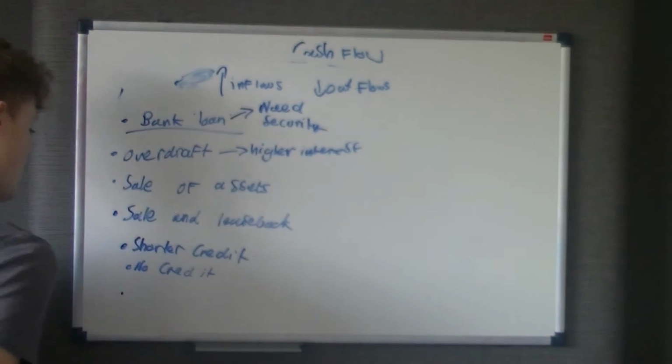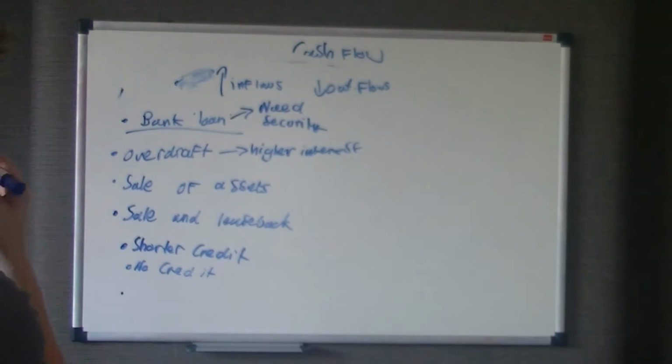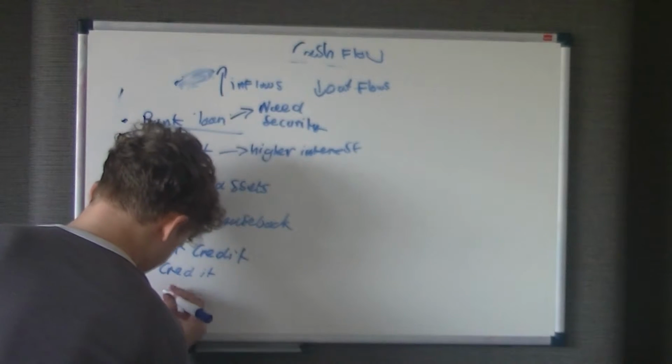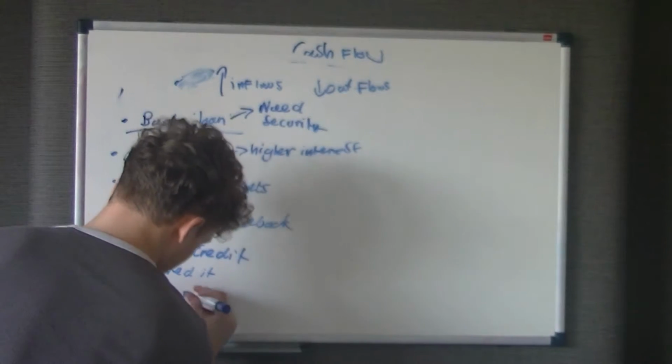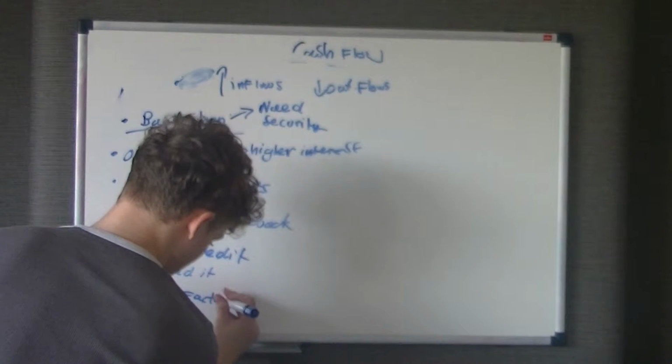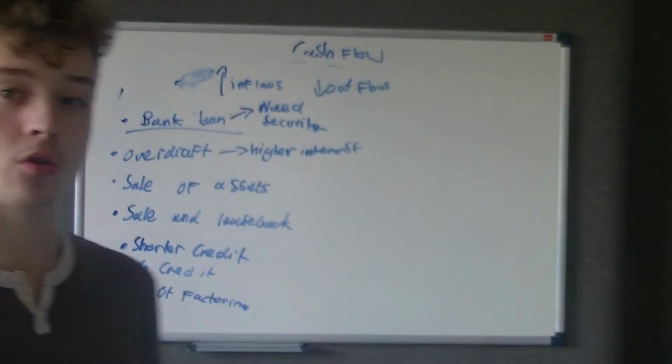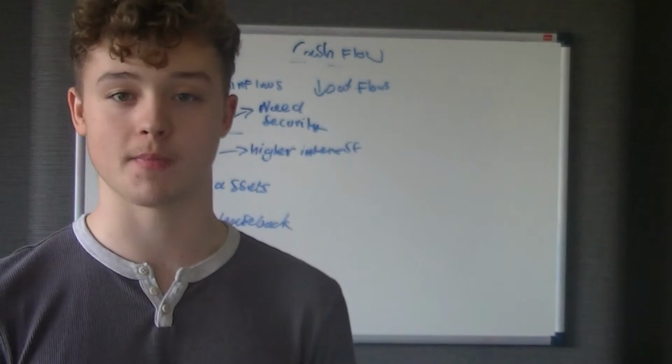And then there's another one that you could do, and that would be, oh yeah, debt factoring, sorry. So you may be asking, well, what's debt factoring? Well, a debt factoring company buys a percentage of your debt based on how risky the customer is and how likely the customer is to pay it back.